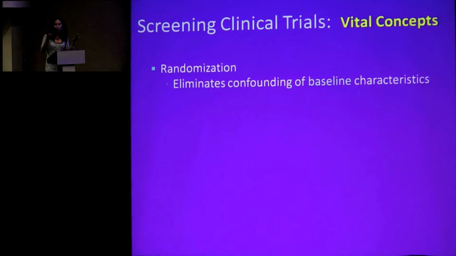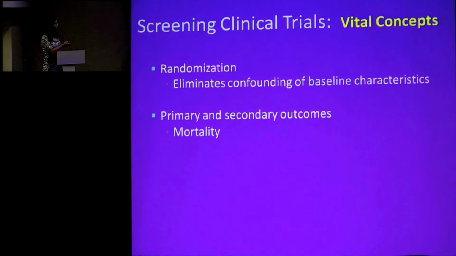So by controlling for age at baseline, you can feel more comfortable that at the end, if you conclude that the intervention in some way, let's say in this case that it was harmful and increased death, it wasn't because of age differences in the groups. It was actually because the intervention in this case was harmful for the population. So randomization is a process that is going to help us eliminate confounding of different potential variables that might confound our results at baseline when we are designing the study.